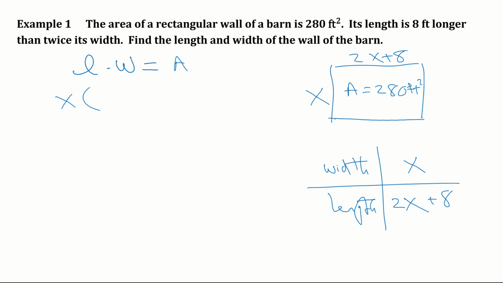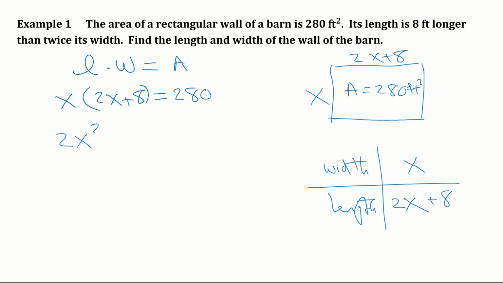So I get x times (2x plus 8) equals 280. Now we just need to go ahead and solve this equation. As you'll see, it'll end up being a quadratic equation, and therefore that's why it's in this section, right?